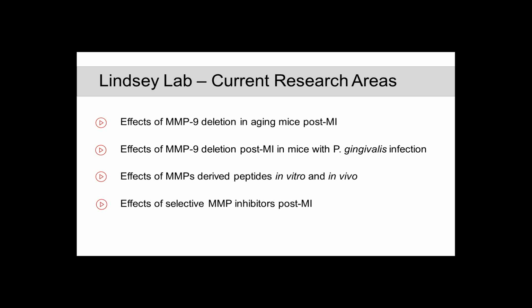We're also interested in the role of MMP-derived peptides. When extracellular matrix gets cleaved by MMPs and generates fragments, what signaling roles do those fragments have in the post-MI setting? And then we also have selective MMP inhibitors that we're evaluating to look at roles of specific MMPs in the post-MI setting.